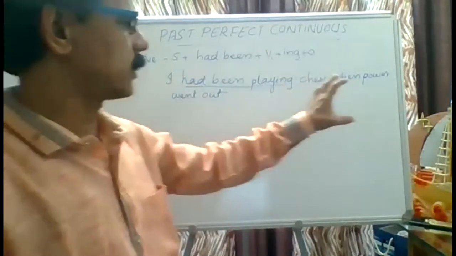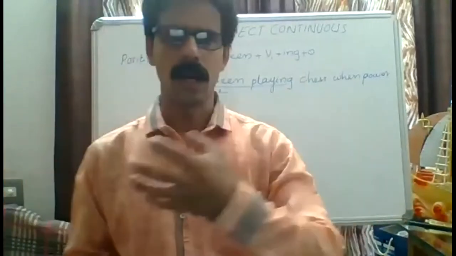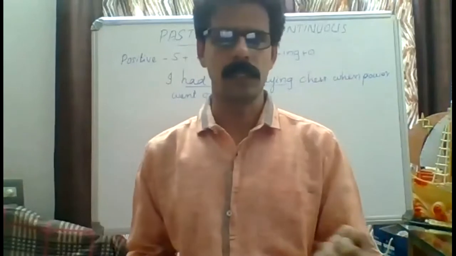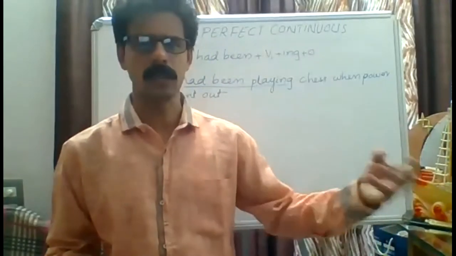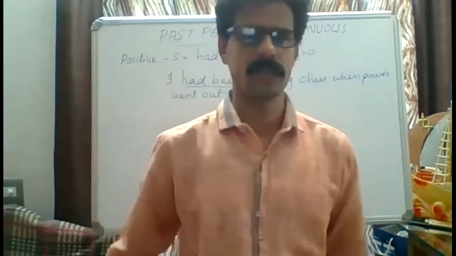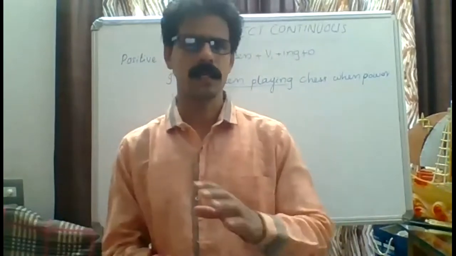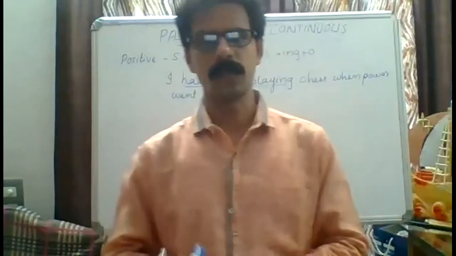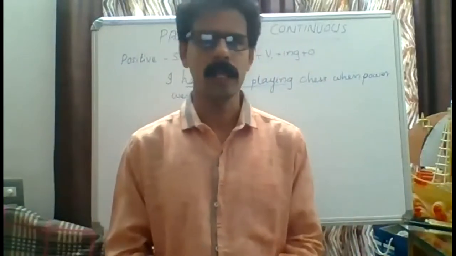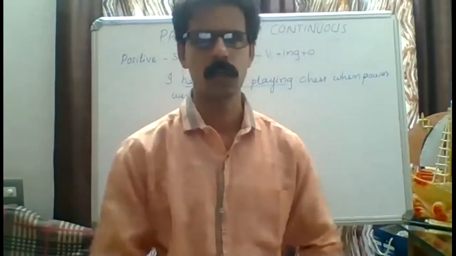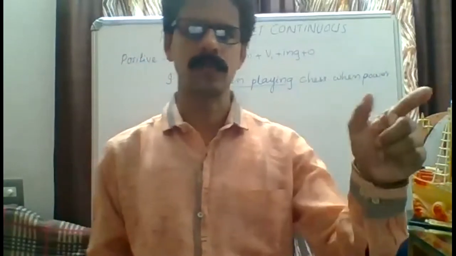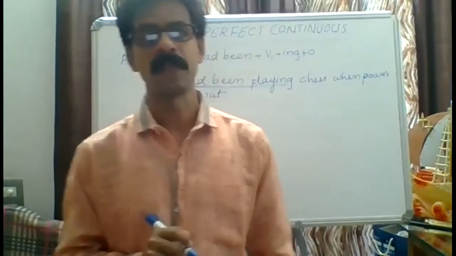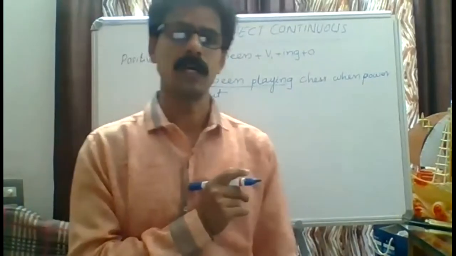An activity in the past had been going on for a period of time. Suddenly another action took place, that is, the power went out. When the power went out, I was unable to play the game; my game stopped there. This kind of long-period action in the past is expressed with the help of past perfect continuous.